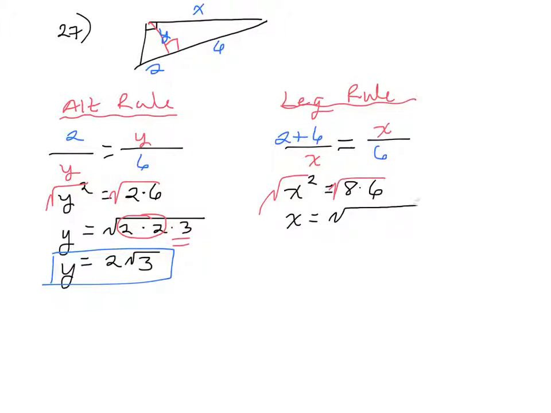And then we have the square root of, what does 8 break into? 3 2's. And 6 is a 2 and a 3. So I can make 2 pairs of 2's, and then the 3 is left over. So what comes out in front? 2 times 2, which is 4, and then rad 3. And so there's our answer for x.